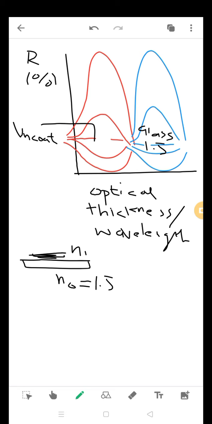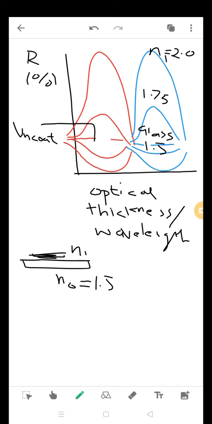Now, when you increase the refractive index, the reflectance value will increase in the case of coated material. This is 1.75, whereas this one will remain the same, and N1 will be equal to 2.0.